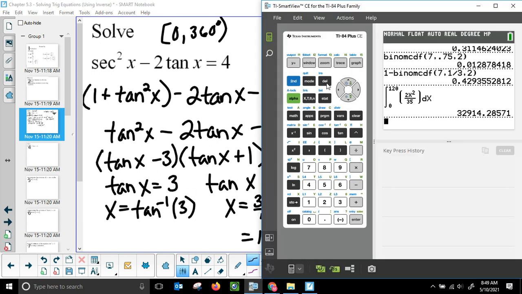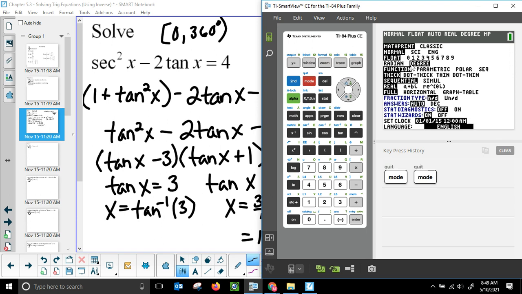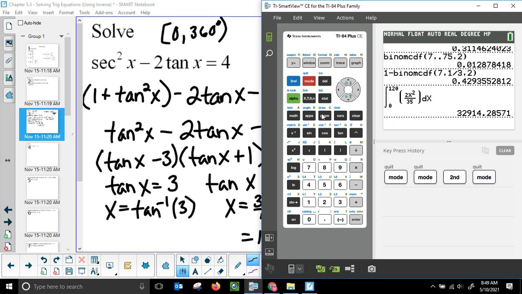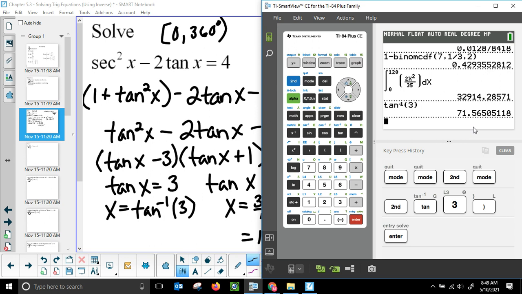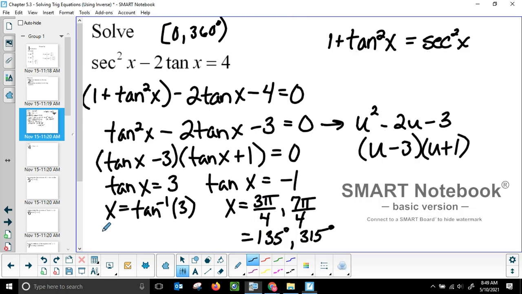We do want to make sure that we are in degree mode. I am. So we can say inverse tangent of 3, and this gives me 71.565. We'll say 71.6 degrees.